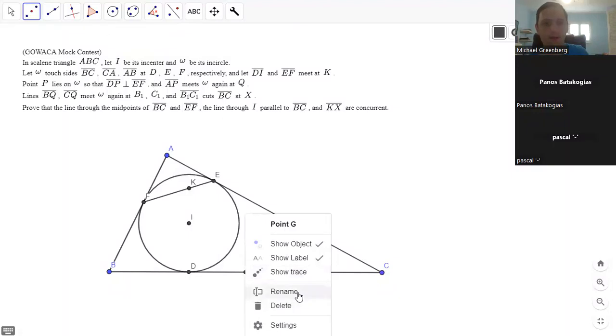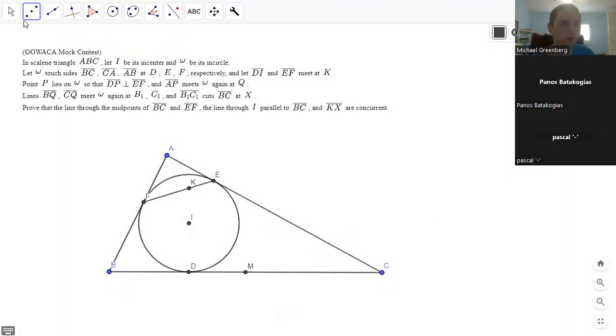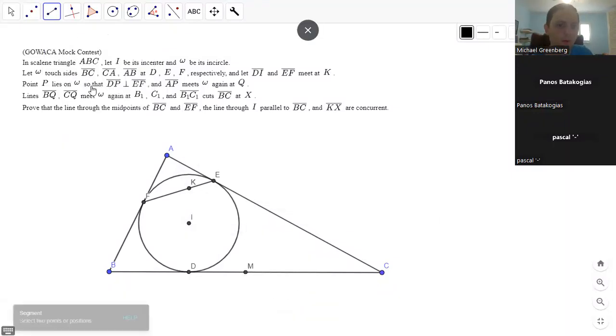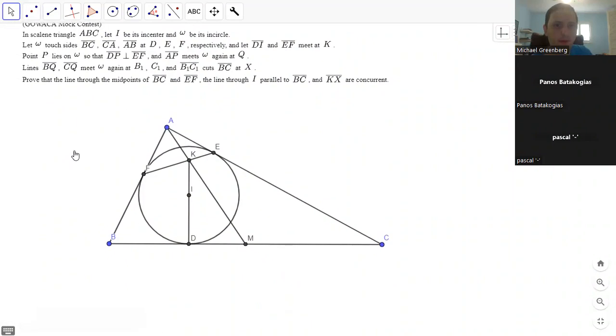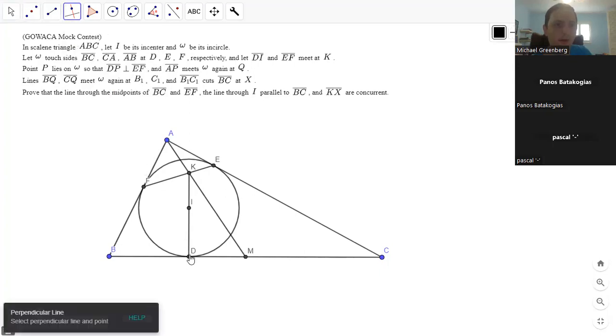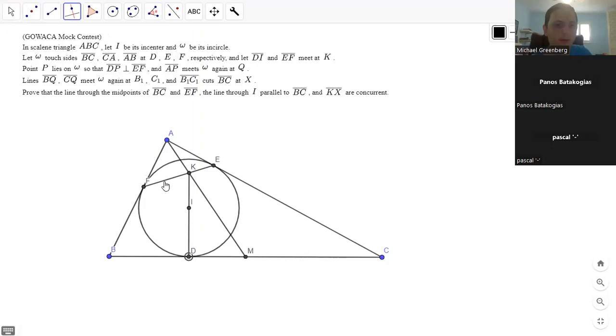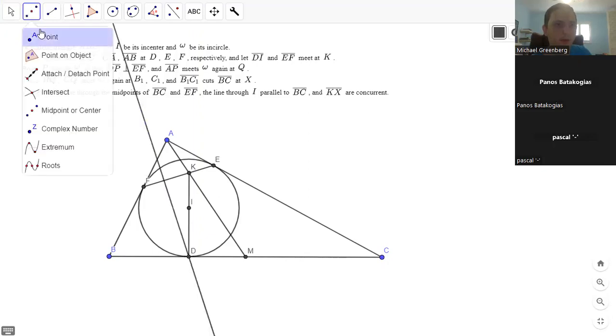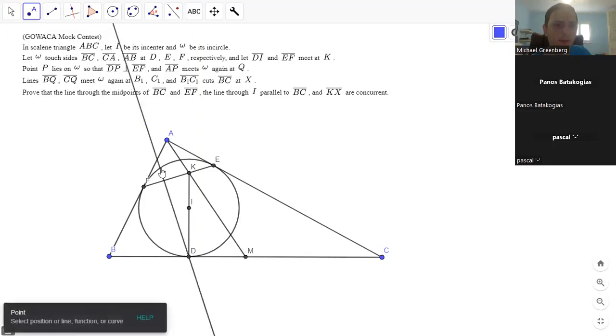We can call this M. P lies on the incircle so that DP is perpendicular to EF. Okay, so this looks like the Sharky-Devil configuration, kind of.